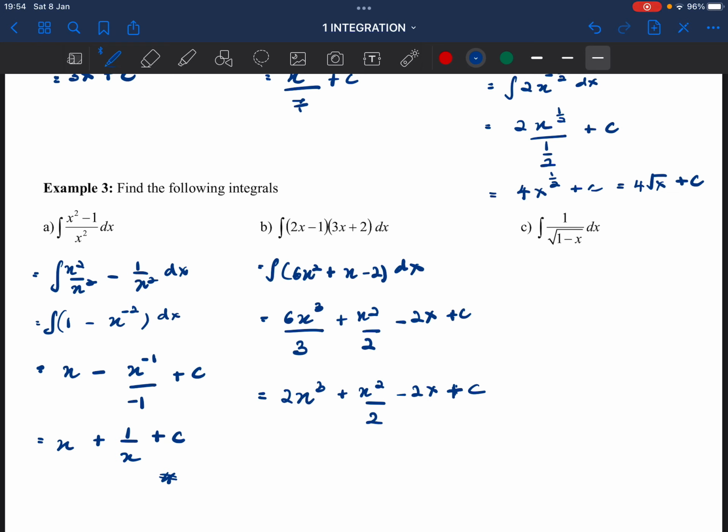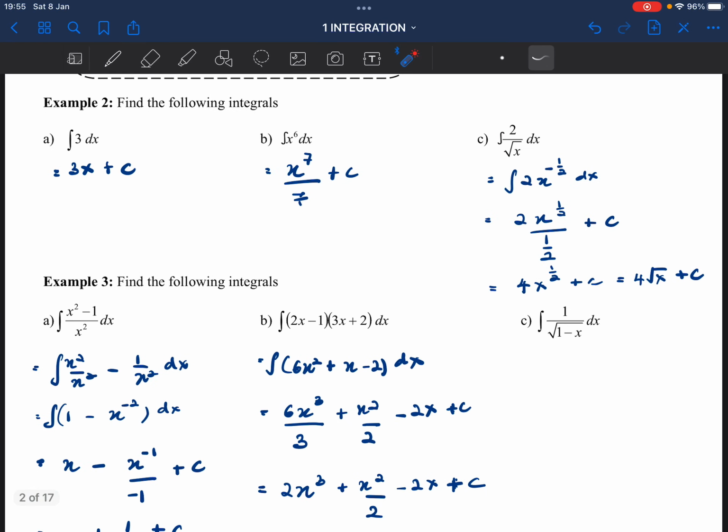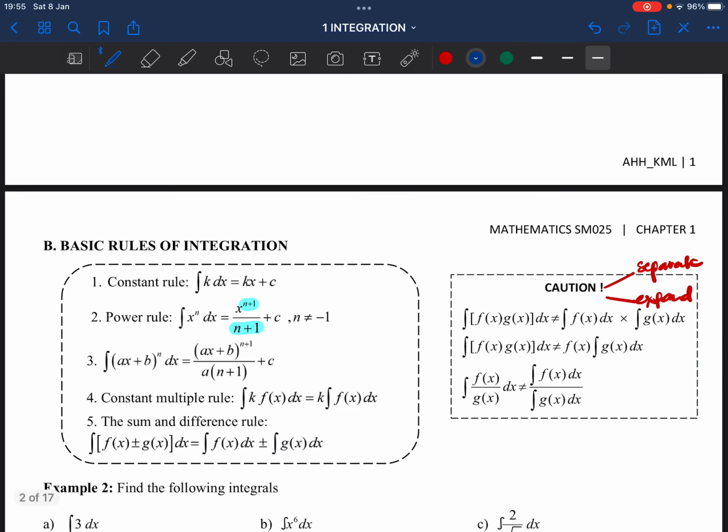So let's take a look at the last example here. 1 over square root 1 minus x. As what we did here, we bring it up, right? Yes, let's do that. Integrate 1 minus x to the power of negative 1 over 2. Here comes the next rule, rule number 3.